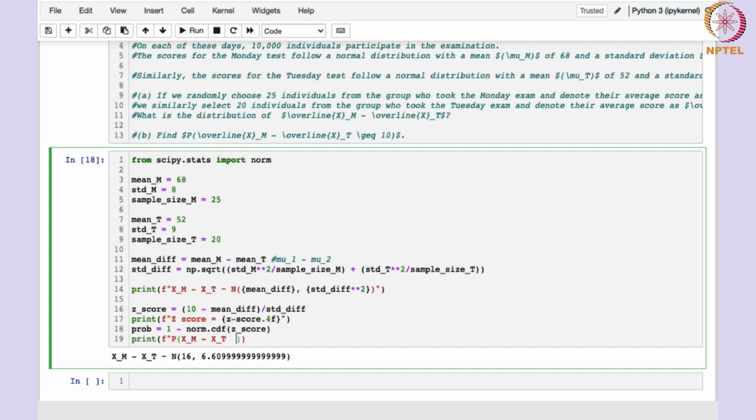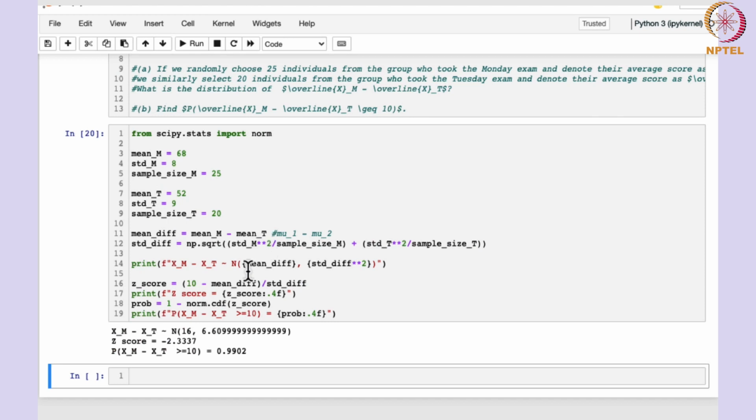This is greater than or equal to 10. So it will first solve this probability and specify it up to 4 decimal places. Here also the z-score uses a format specifier, up to 4 decimal places, and this would end it.